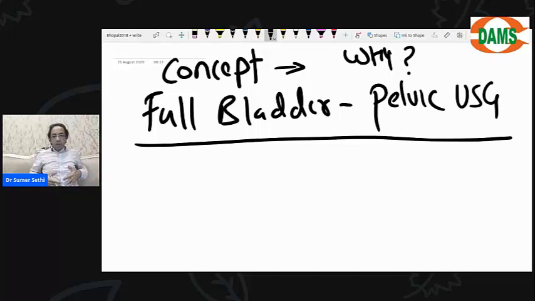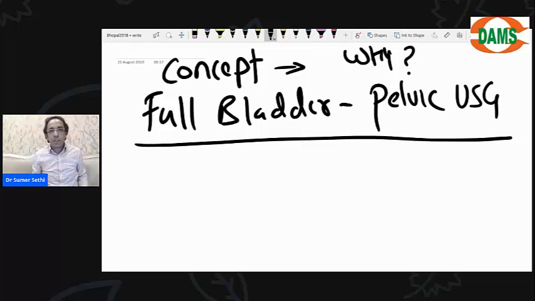Because if the patient has an empty bladder, my bowel loops come into my pelvis, and bowel has air. So I am trying to send sound into the pelvis to look at the uterus and the ovary and the prostate. Pelvic viscera देखना है मुझे, लेकिन bowel loops देखने नहीं दे रहे. क्यों? Because bowel loops are full of air. They are reflecting the sound back.